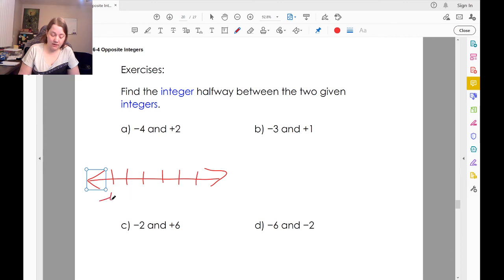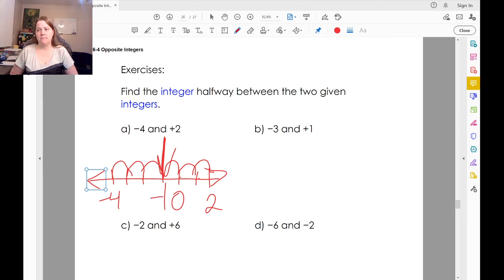-4, -3, -2, -1, 0, 1, 2. I'm not going to put all the numbers, they won't all fit. So to figure out what's the halfway point, 1 in, 1 in, 1 in, 1 in, 1 in, 1 in. What is 1 step away from 0 in the negative direction? -1.